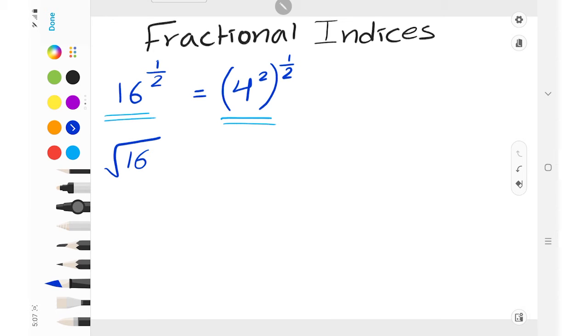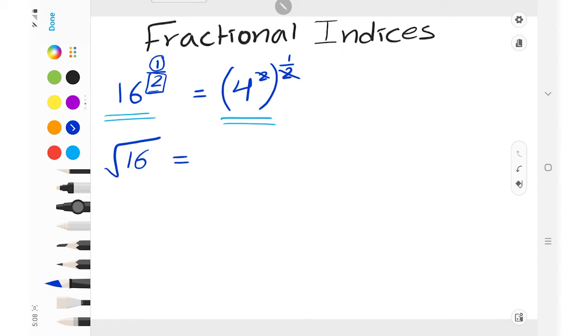When I have a fraction as an index, I take the bottom number, the denominator, and it will be the square root, cube root, whatever the number in the denominator is. Now if there is a number on top, I will tell you what to do. First, let me show how these are the same. Take 4^2 to the power half: the 2 and the 2 cancel out.